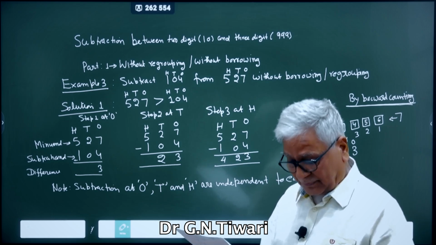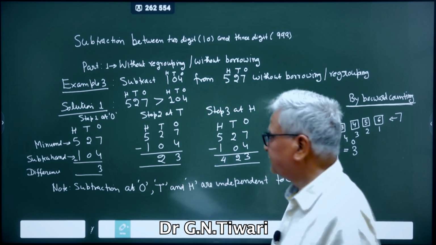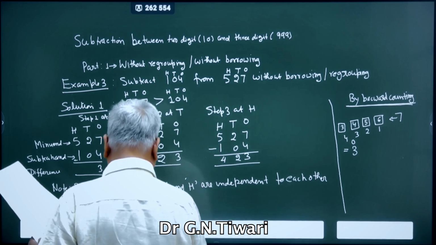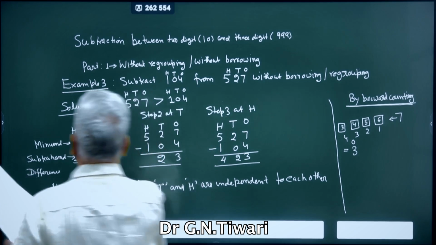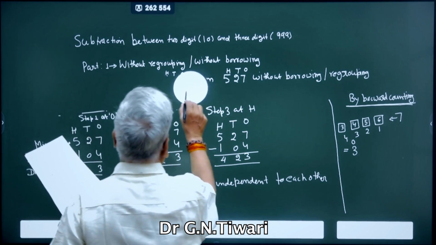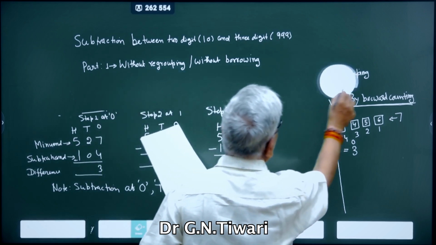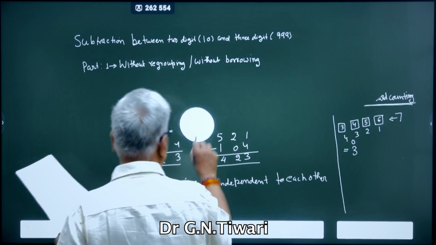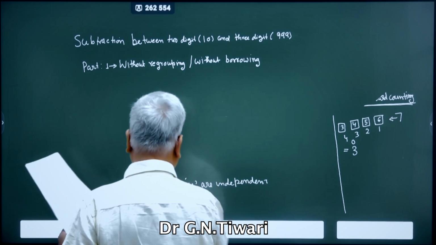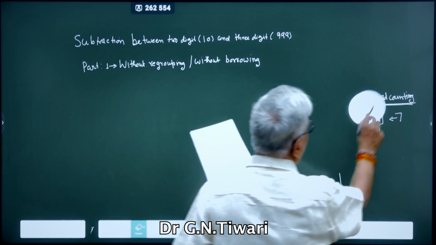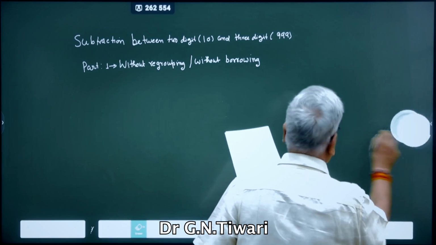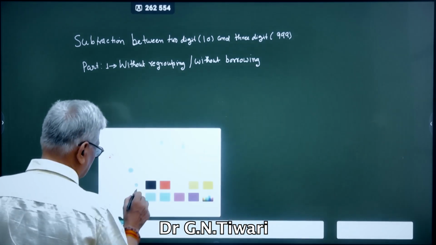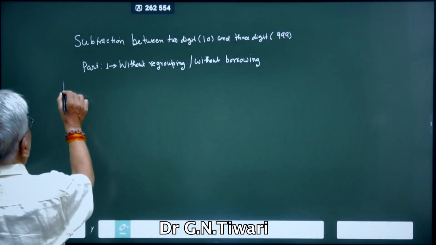Now I will give another example, and the method will be different. Example 4, but slightly the method will be different. Method is by tens and ones, which is much simpler than any other subtraction as far as single digit is concerned. Example 4.